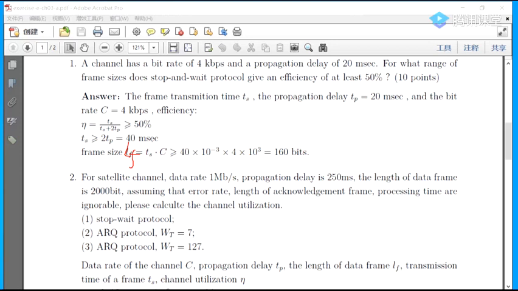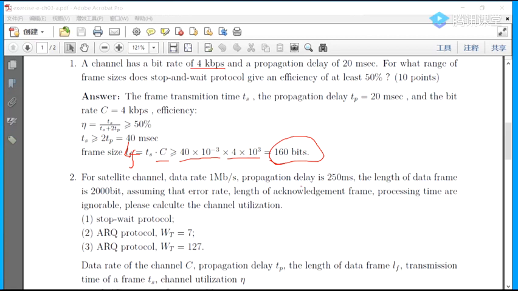TS times C should be larger than or equal to 40 ms times the data rate of 4 kbps. So the frame size should be larger than or equal to 160 bits.